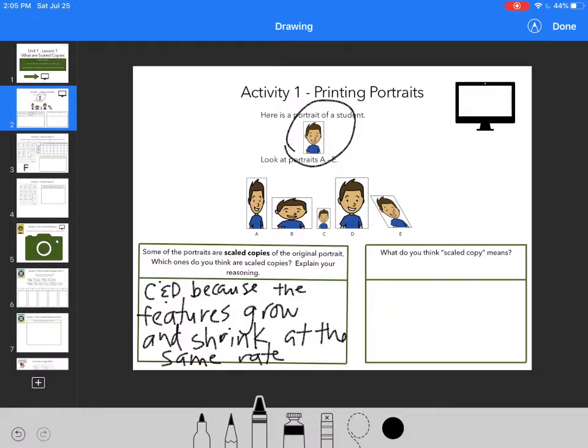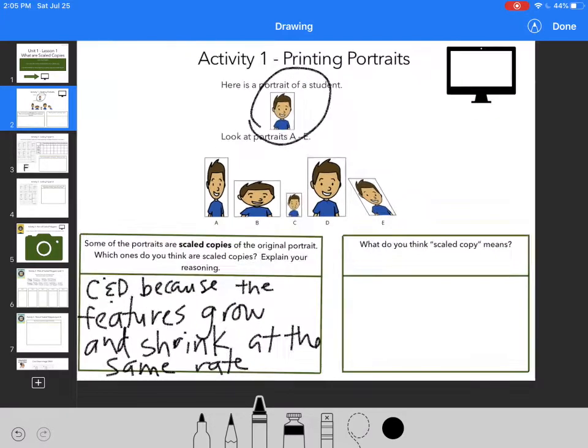In 6th grade, we talked about rate, and we talked about how it was a proportional thing, how it was a ratio between two numbers. We're going to kind of go back to that with this unit.